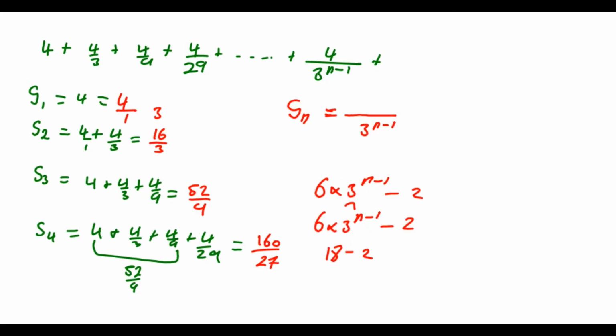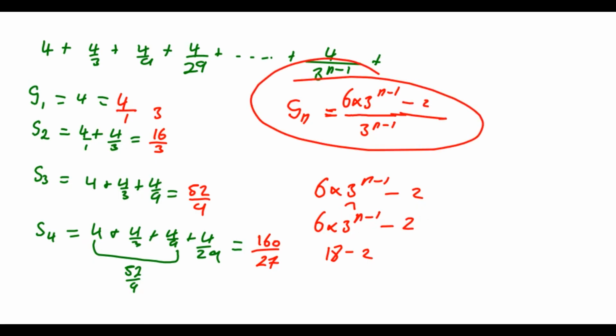Then this would be 9. So 9 times 6, you get 54, minus 2, you get 52. So the numerator is 6 multiplied by 3 to the power n minus 1, minus 2. So this is the nth partial sum.